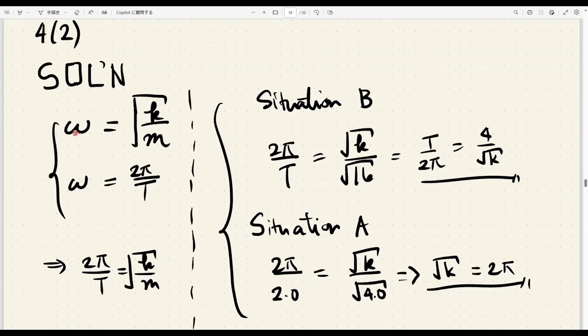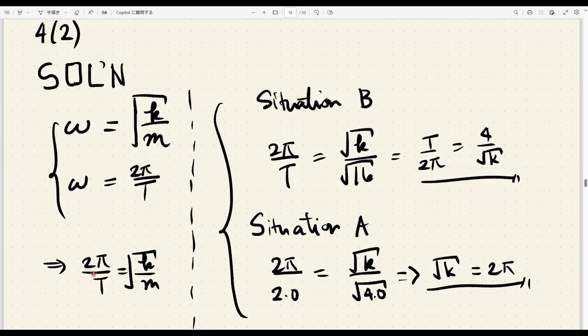We know that the angular speed is the square root of the ratio of the spring constant to the mass of the object. But we also know that the angular speed is 2 pi divided by the period of the harmonic motion. We don't really care about the angular speed here, so we can get rid of the omegas.